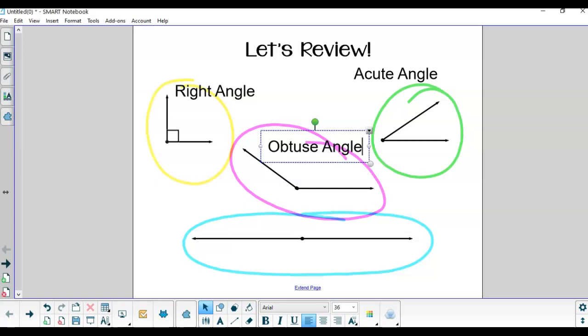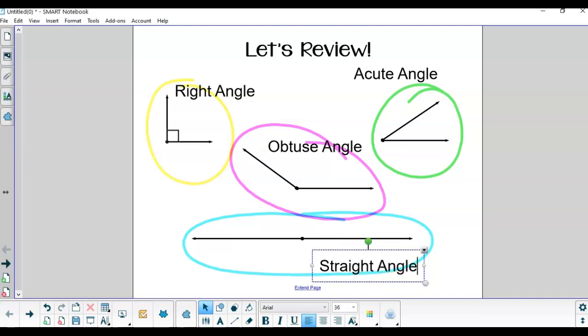And then our last angle down here on the bottom, circled with our nice bluish color. Do you remember what that angle is called? Yes, that's right, a straight angle. Very self-explanatory, being that it is a straight line. A straight angle.